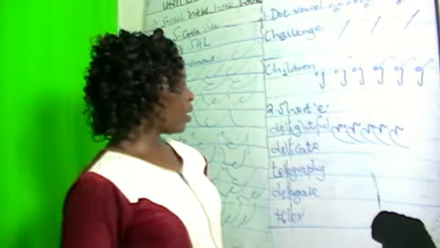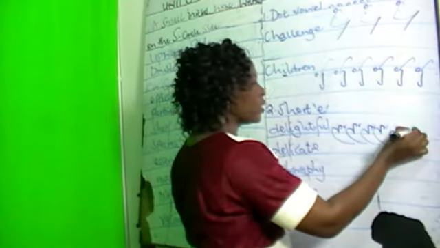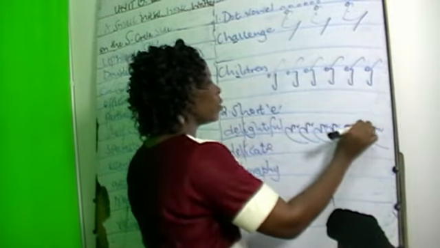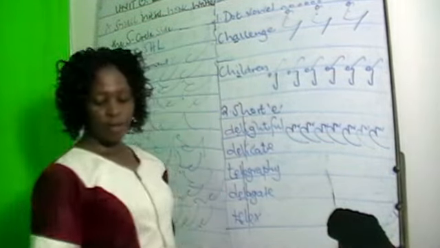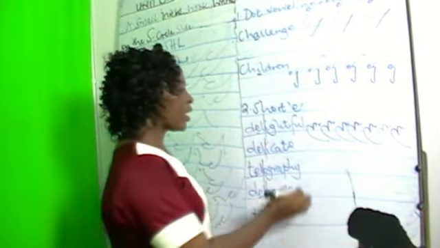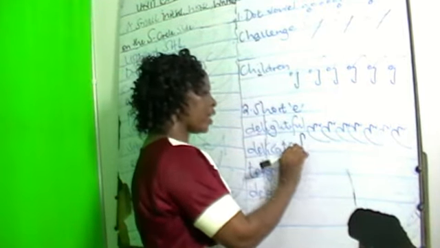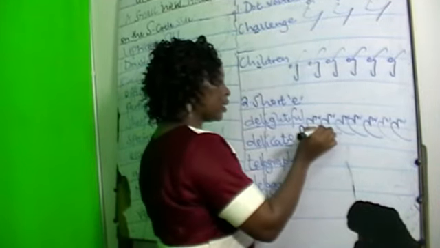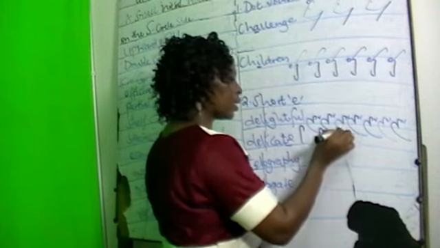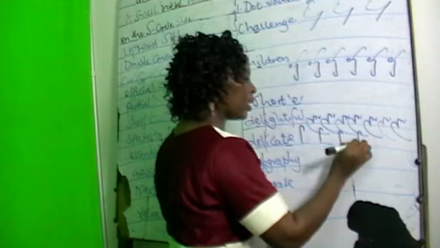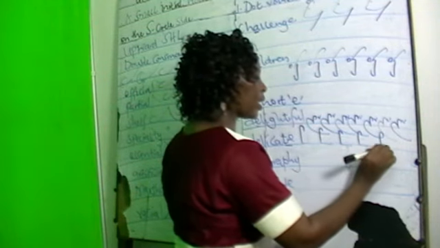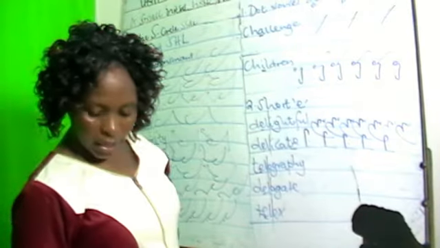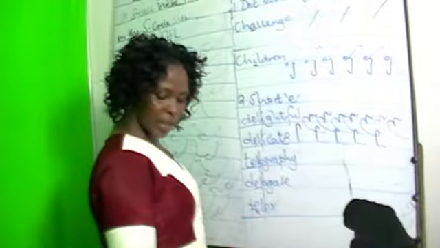We have drilled the word delightful with a diphthong I. Then we have the word delicate. Delicate is a stroke of D hooked for L and a half K for the following T. So the key is a half K for the following T.